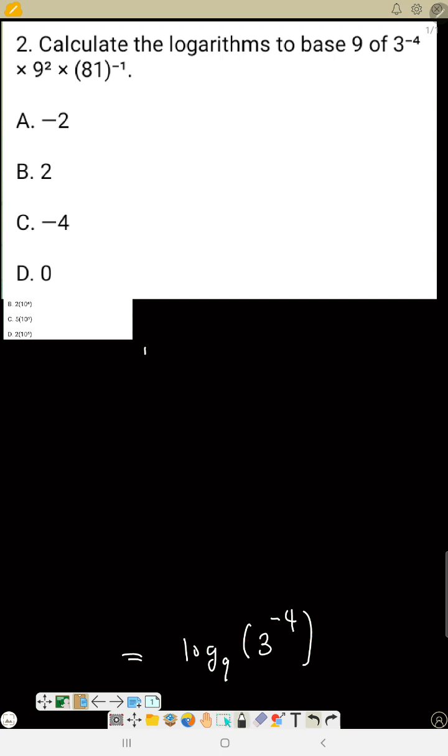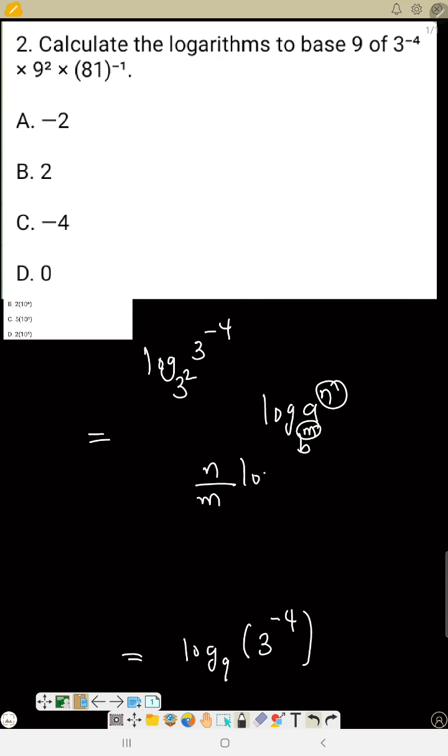The base can also be 3 squared, as in this base is 3 squared. That is 9, remember, 3 times 3 is 9. Then raised to power minus 4. Now this power, according to the law of logs, log of a^n to base b^m, the power will come back over the other power, then log a base b.